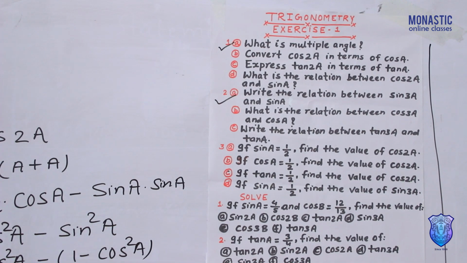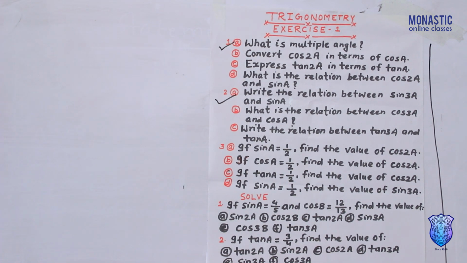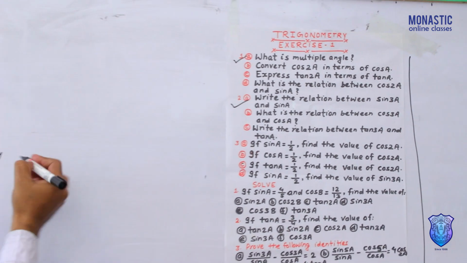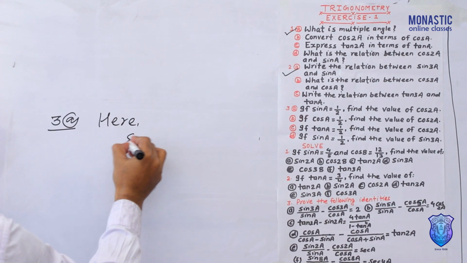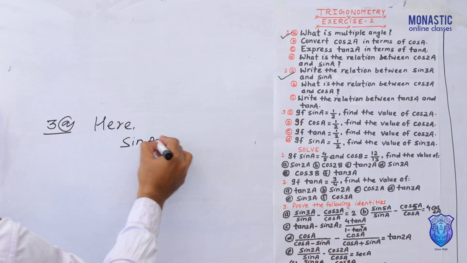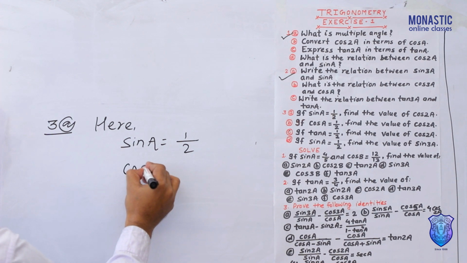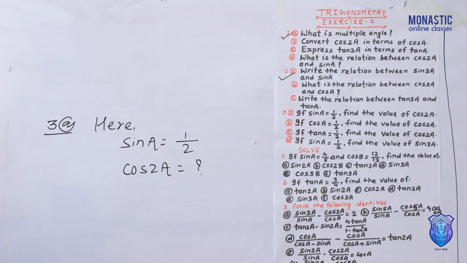Now question number 3. First of all, what's given? Here, sin A is equal to 1 by 2. We have to find the value of cos 2A.